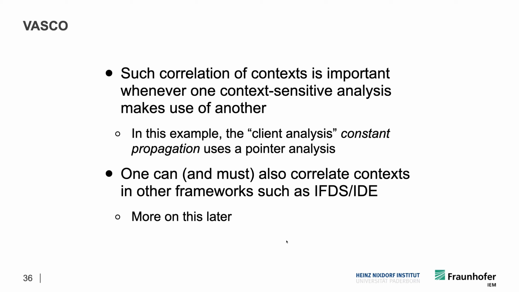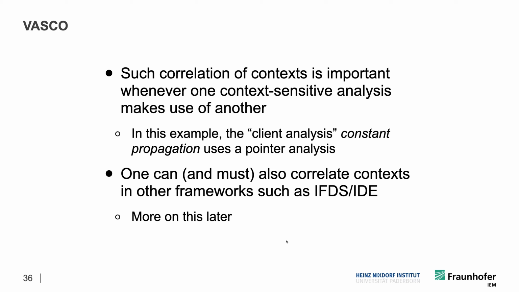For instance, a constant propagation could benefit from a liveness analysis. You might have pre-computed that already, and then you could make use of that. But then it is important that you correlate these contexts like I showed you, because otherwise you would still maybe get a sound result, but one that is unnecessarily imprecise.